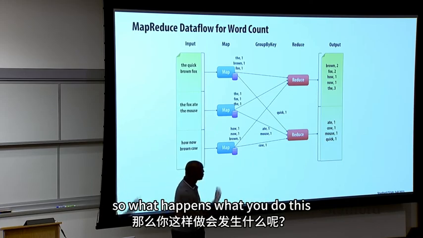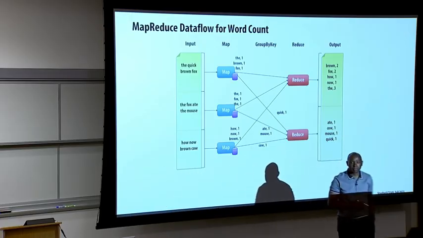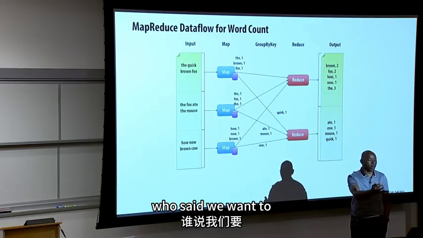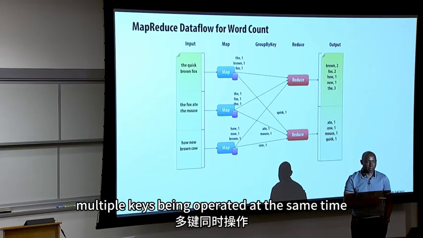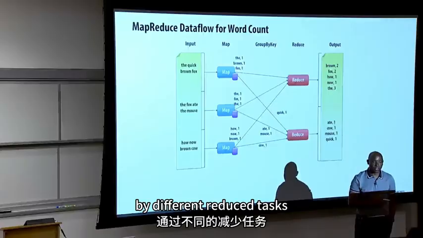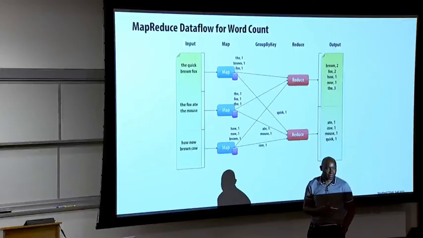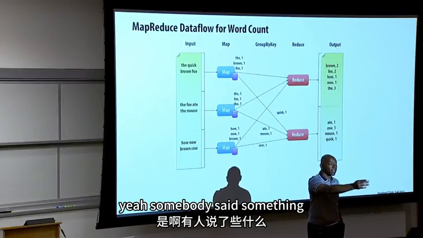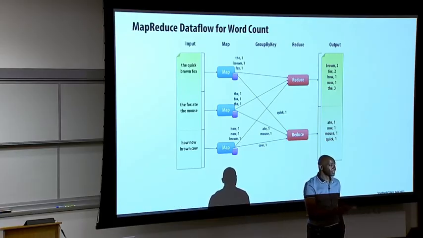But what happens once you do this? We want to get the parallelism by having multiple keys being operated on at the same time by different reduce tasks. So what do we have to do to make that happen?